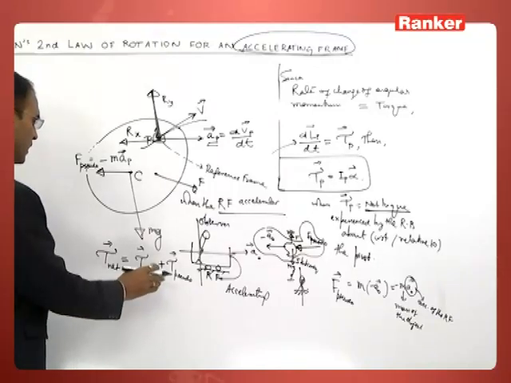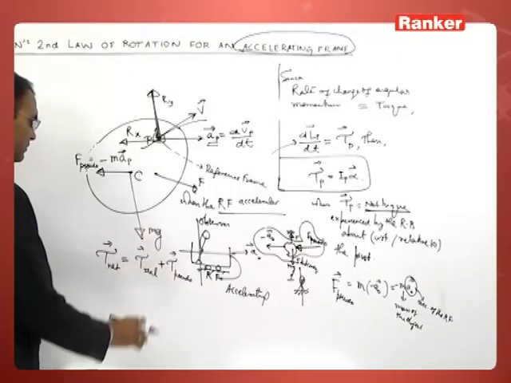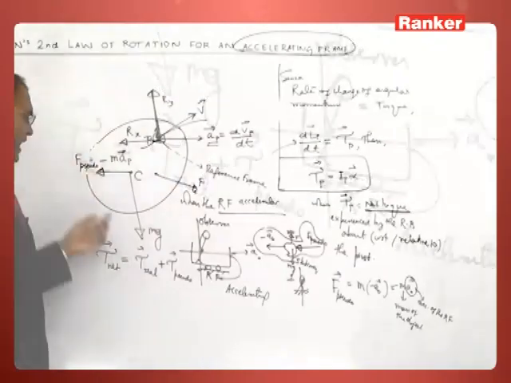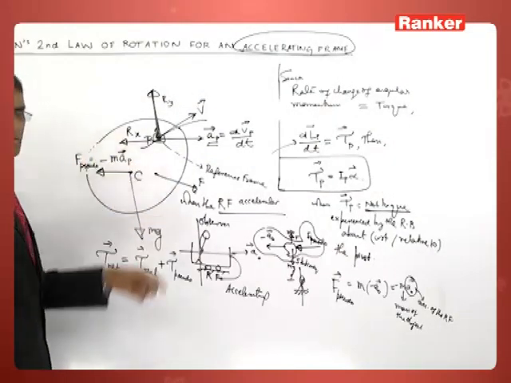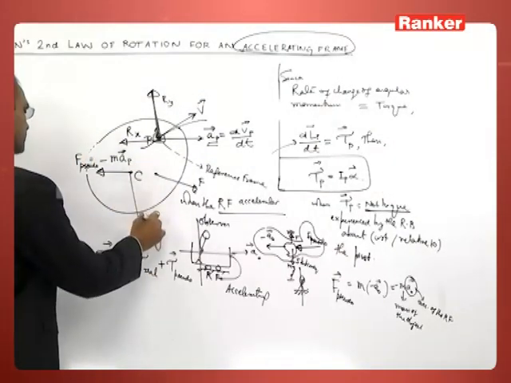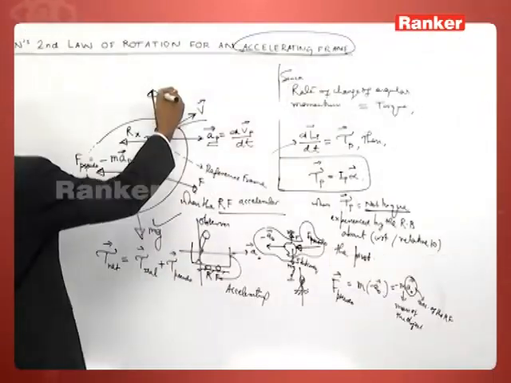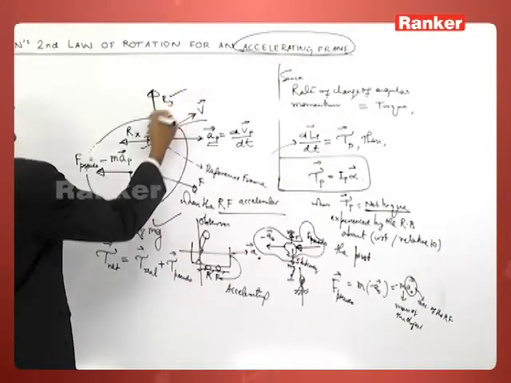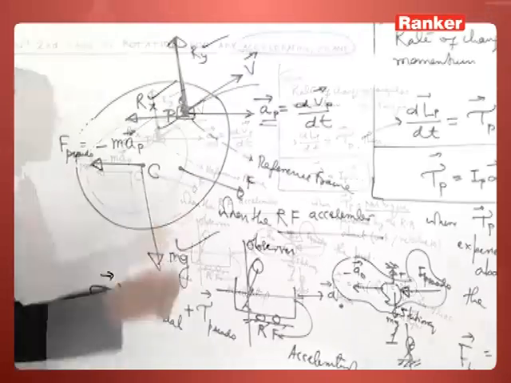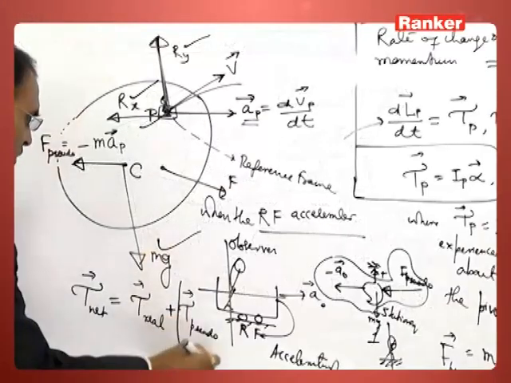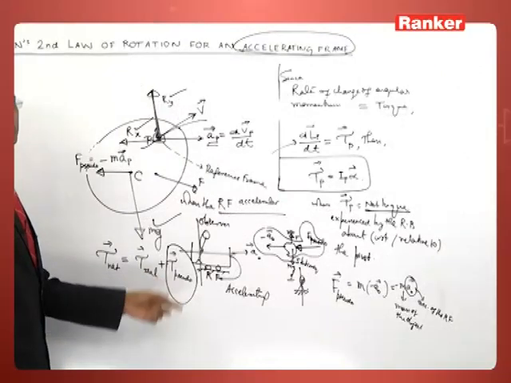So, in addition to the torque due to the external real forces such as gravitational force, field force, and the reaction force or the contact forces, you need to consider the torque of the pseudo force.